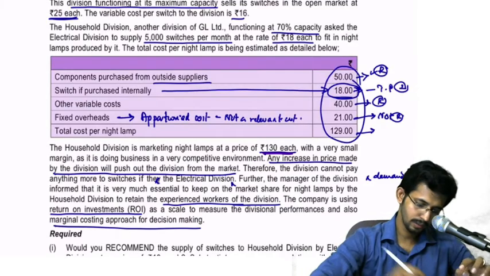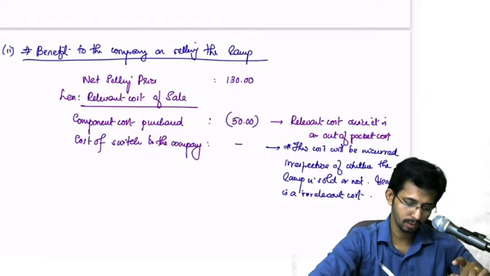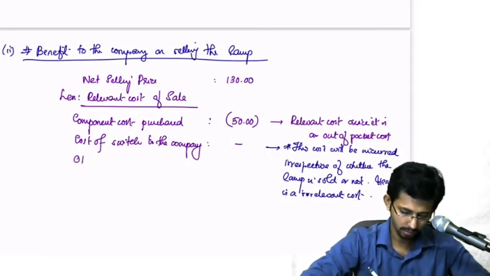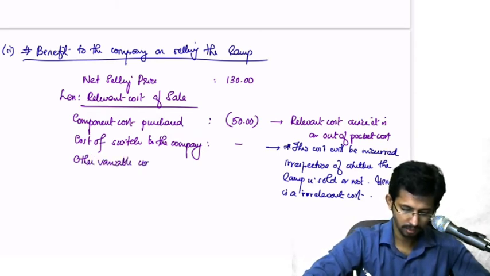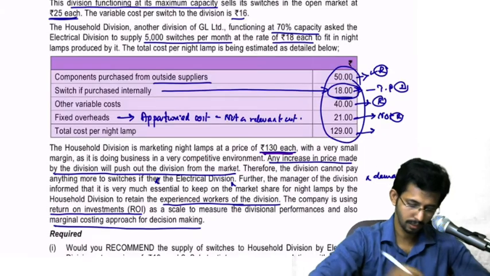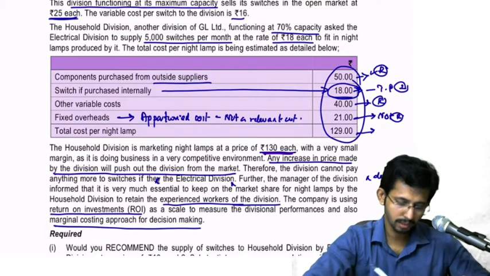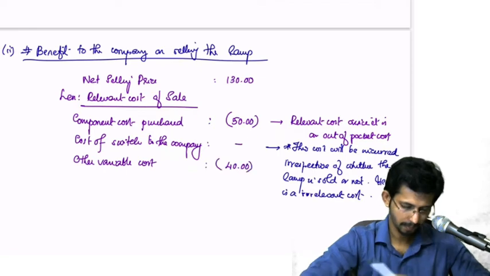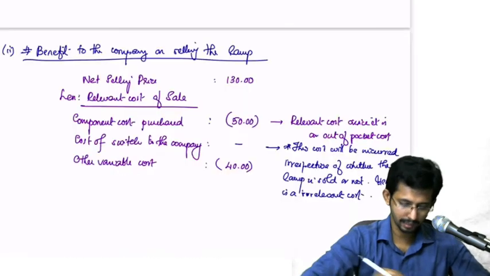Okay, now which is the next cost? Other variable cost. Definitely it is a relevant cost. Other variable cost is 40. Then next, fixed overhead. Is it relevant?